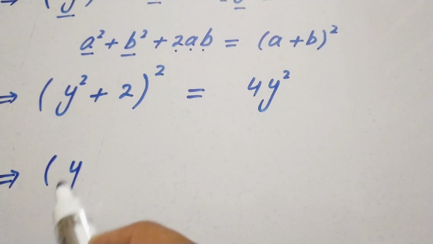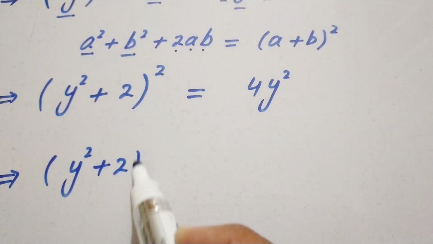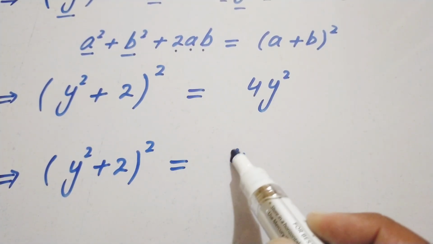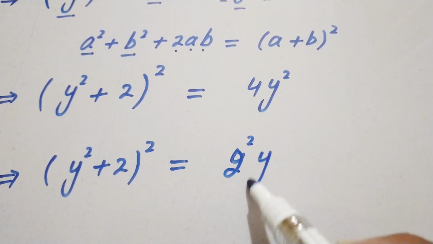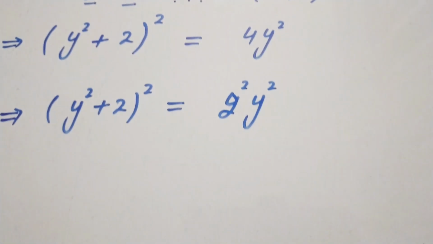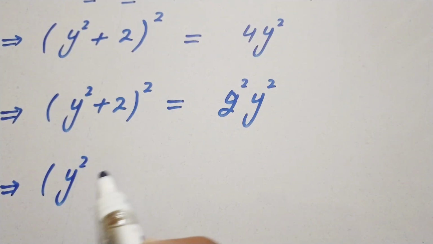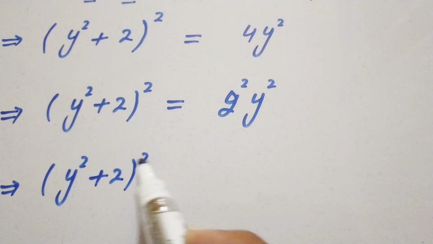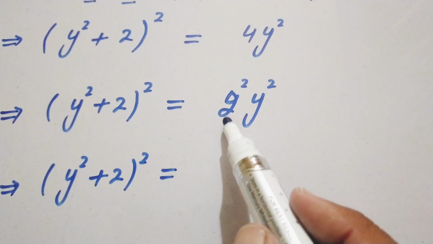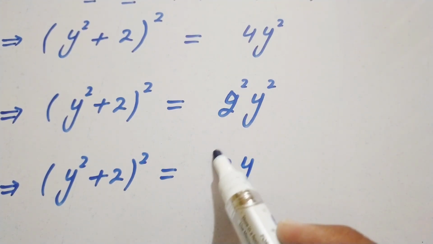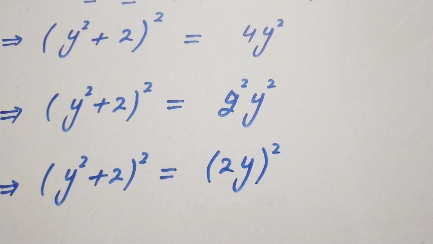This implies y square plus 2 whole square is equal to 4 can be written as 2 square into y square. Y square plus 2 whole square is equal to 2 square y square. We can write this as 2y whole square.